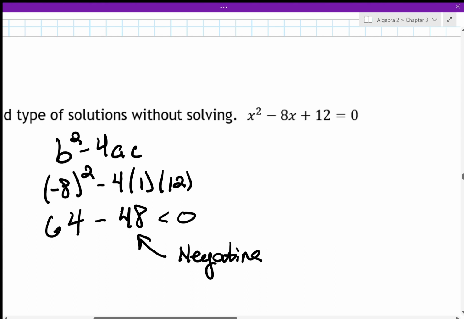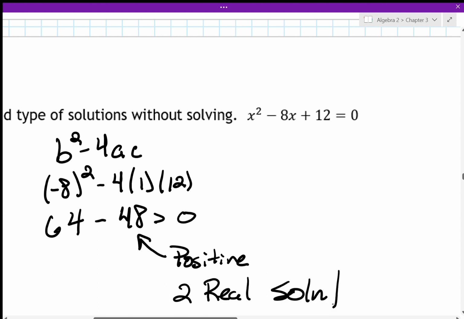Oh, did I just say that wrong? It's a positive number. Oops, I just went on autopilot there. Sorry, it's a positive number. Whenever it's a positive number, that means there are going to be 2 real solutions.